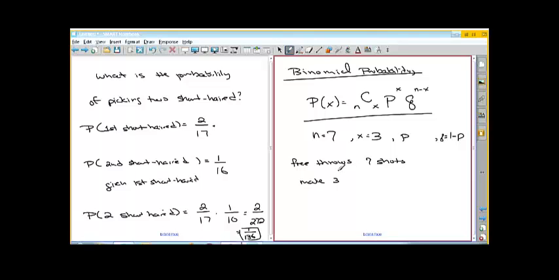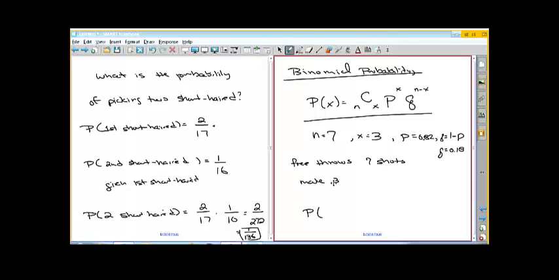So if you flip a coin 5 times, what's the probability of getting 3 heads? 5 would be N, 3 would be X. In this case, the probability is the free throw percentage. Let's say it's 82%, so use 0.82, and Q is going to be 0.18, which is 1 minus this number. And then all you have to do is plug it in here.